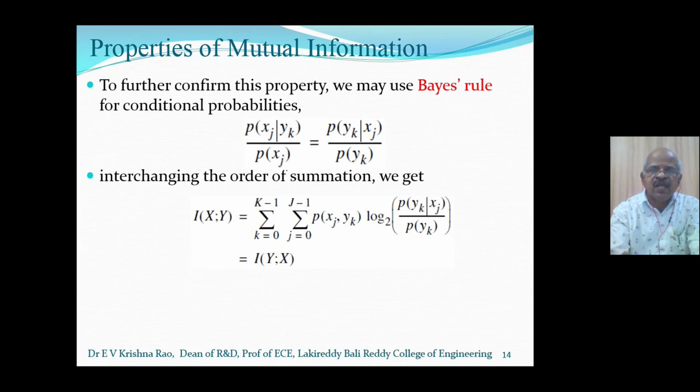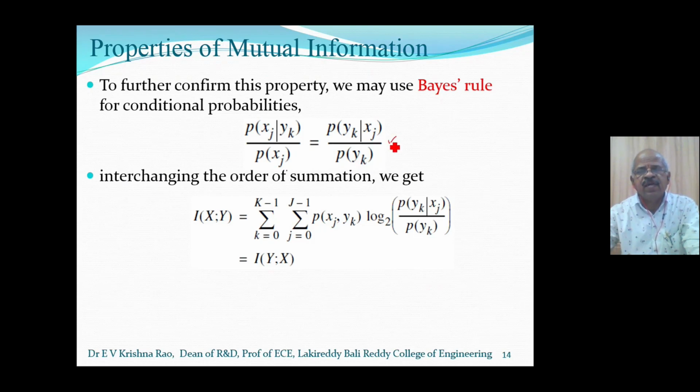If you want to express I(x,y) as I(y,x), which is the same and reversible, as per the definition, the Bayes principle: p(xj at yk) by p(xj) is nothing but p(yk at xj) by p(yk).